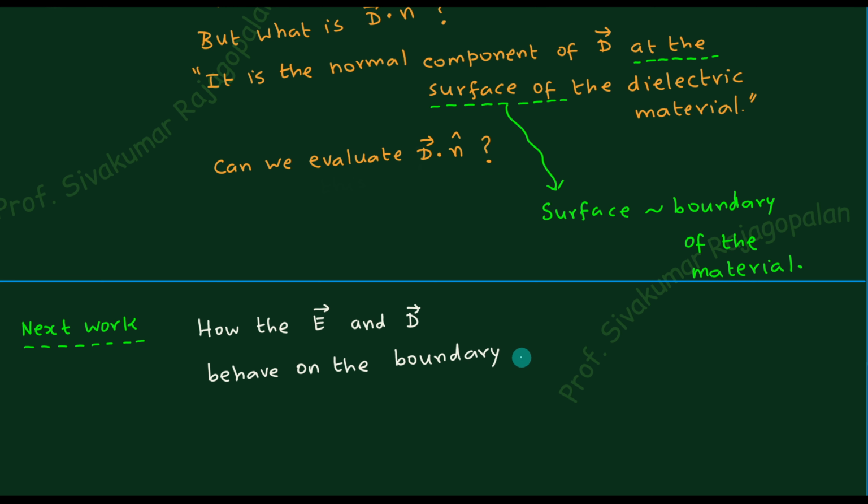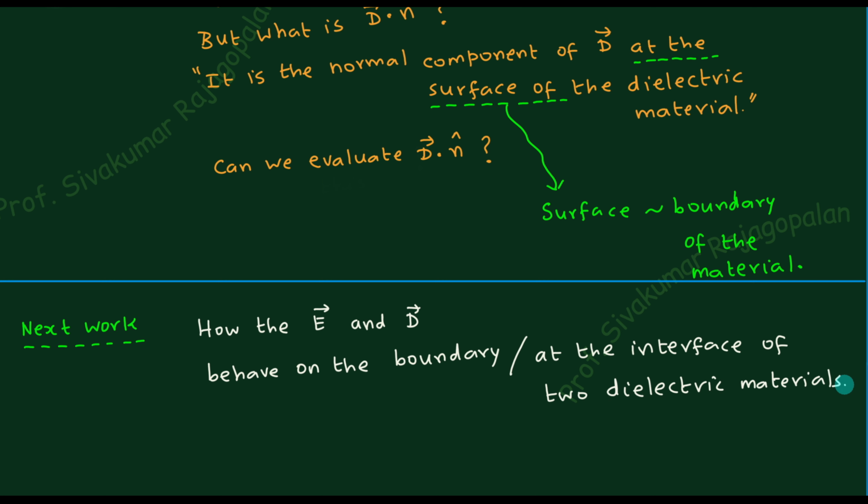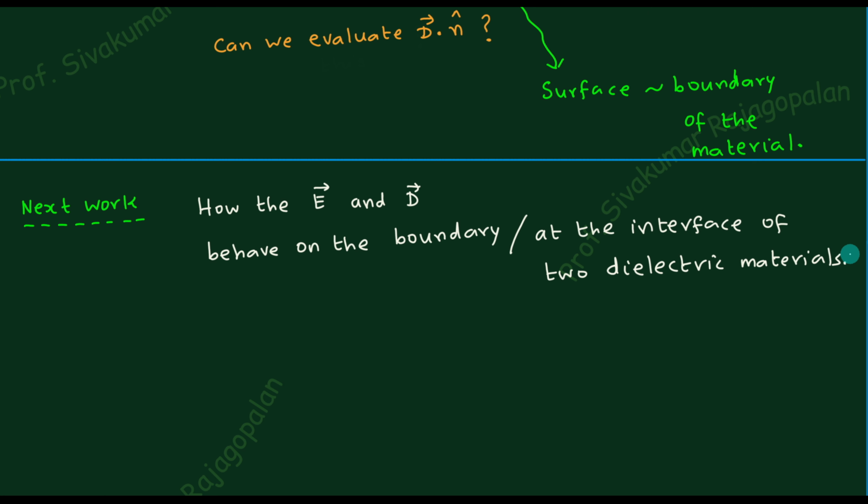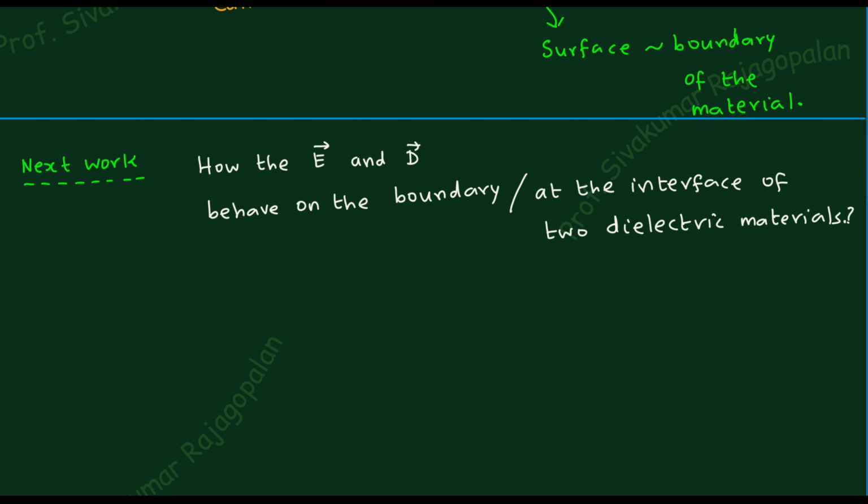Either you can say on the boundary, or you can say at the interface of the two dielectric materials. Both are the same. Why I am writing like this is that you should realize that there are two dielectric materials. How do you know where the two dielectric materials are coming from? We have been discussing only one dielectric, right? So that doubt will come. This point I already explained in the last class.